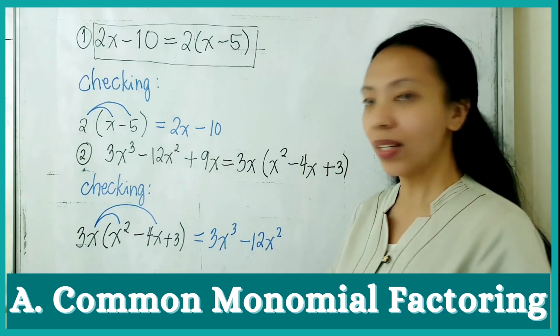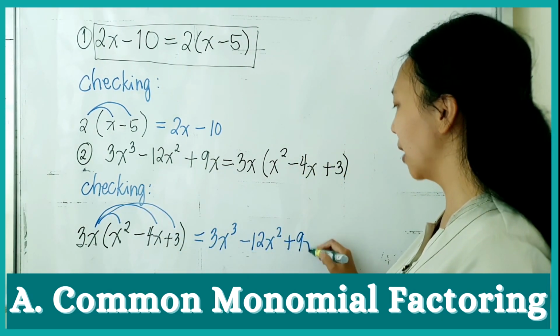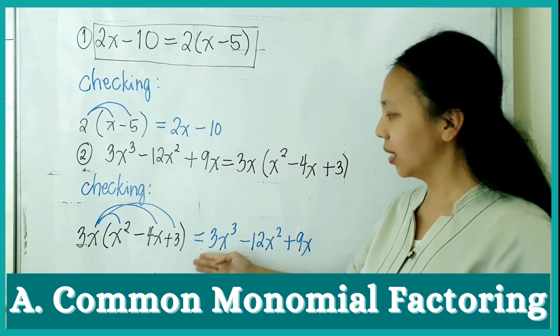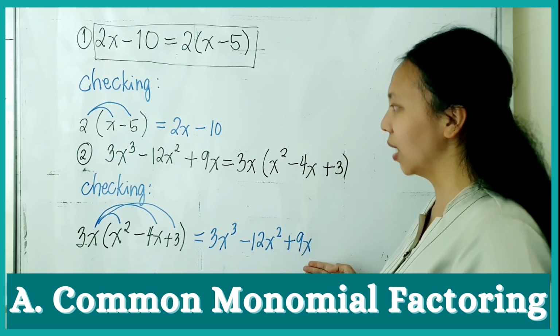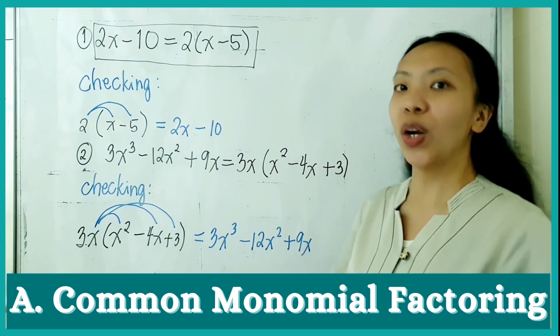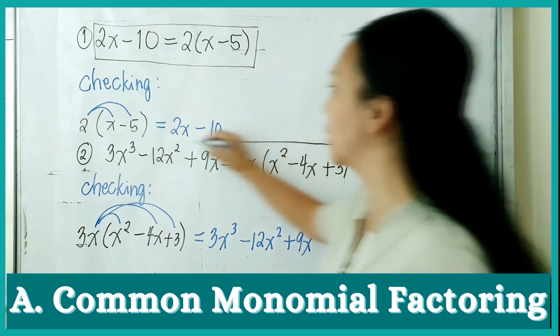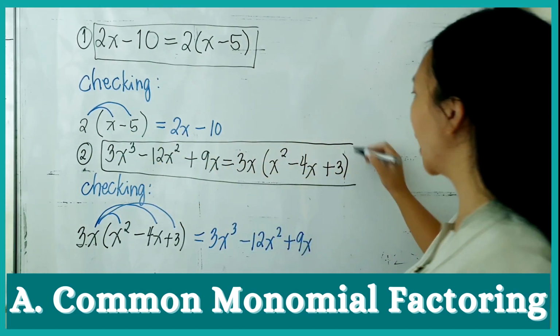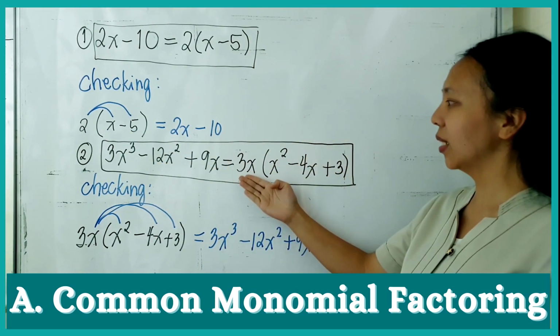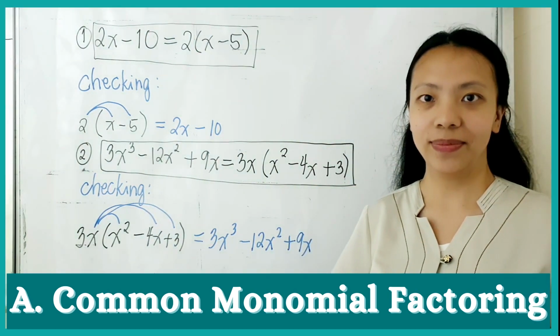And lastly, 3x times 3 is equal to 9x. Notice that the product we obtained in the checking is the same with the original expression. Therefore, we have arrived at the correct factored form of 3x cubed minus 12x squared plus 9x, which is 3x times the quantity x squared minus 4x plus 3.